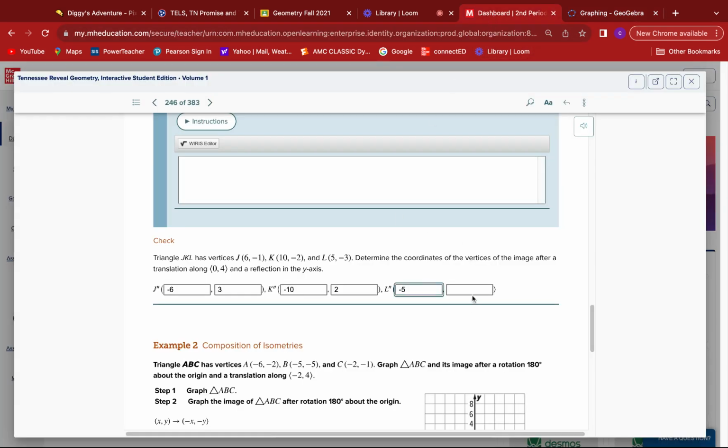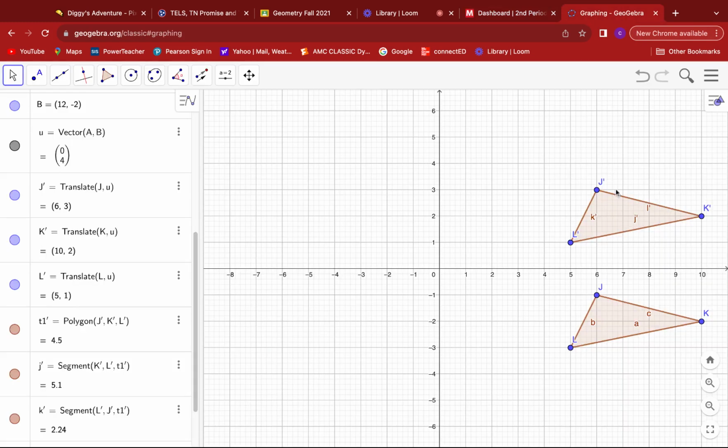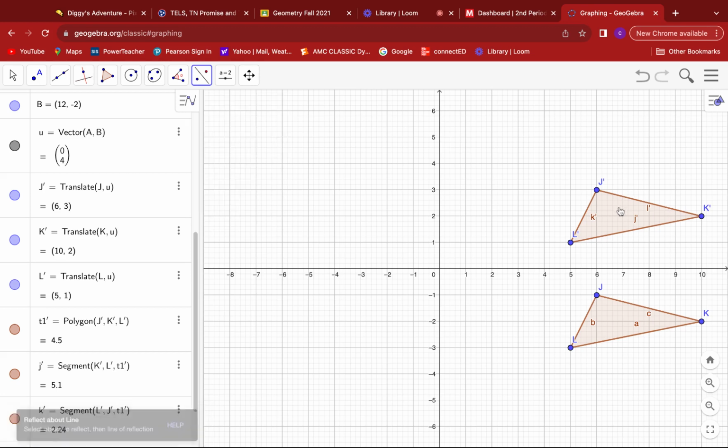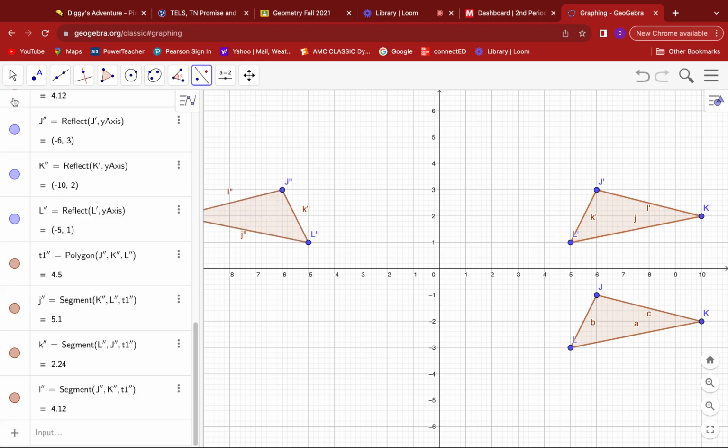Negative 5, 1. All right, so listen, if you're a visual person, I'm going to show you this. I'm going to reflect this figure across the y-axis. I'm going to come back, reflect about a line. And since it's the y-axis, I do not have to draw that line. So I'm going to click reflect about a line, click on the figure, click on the y-axis, and voila.